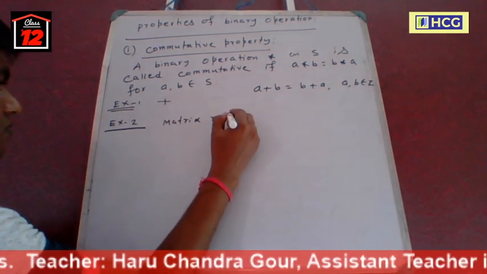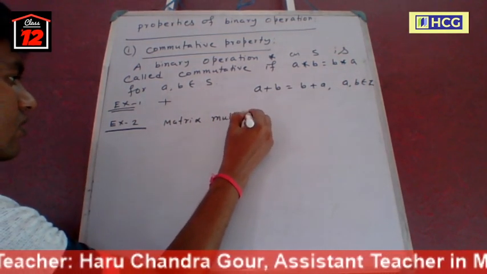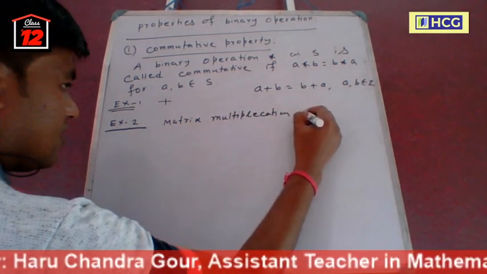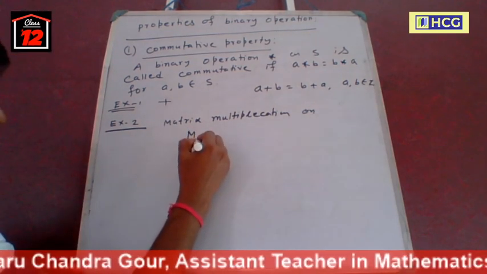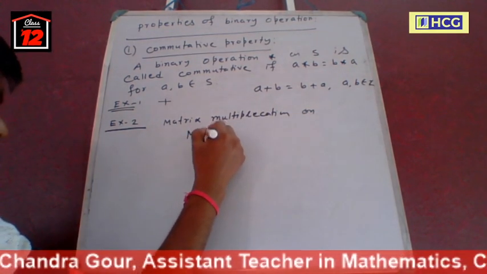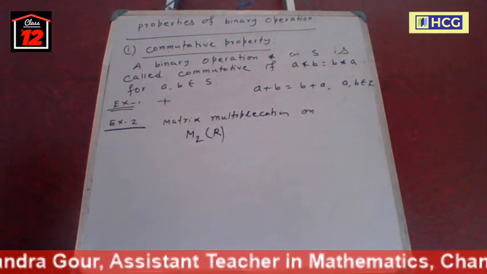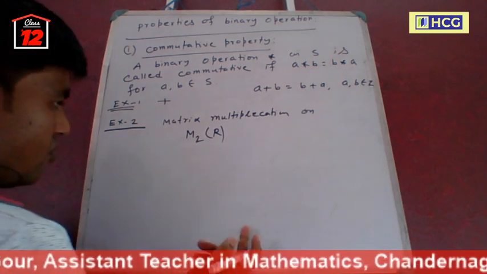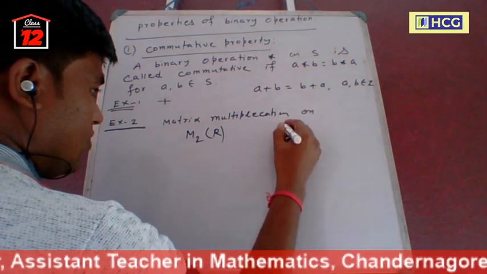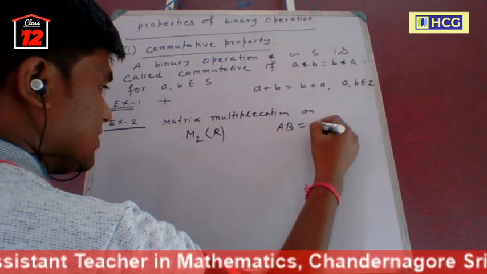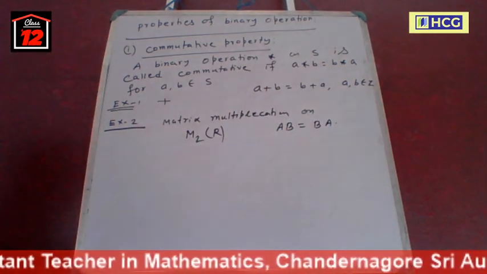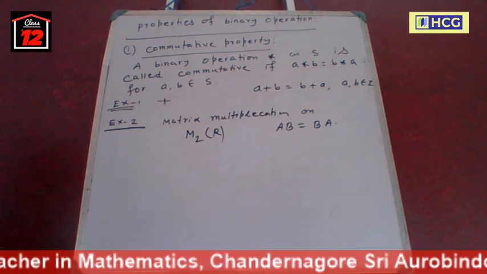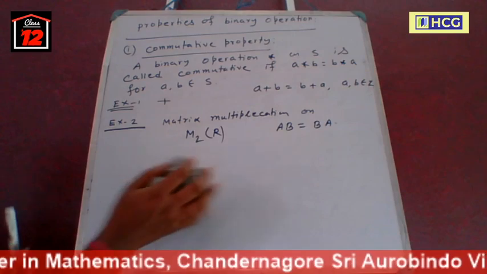Matrix multiplication on 2 cross 2 real matrices is not commutative. We already know that matrix multiplication is not commutative. So a binary operation may be commutative, or may not be commutative.